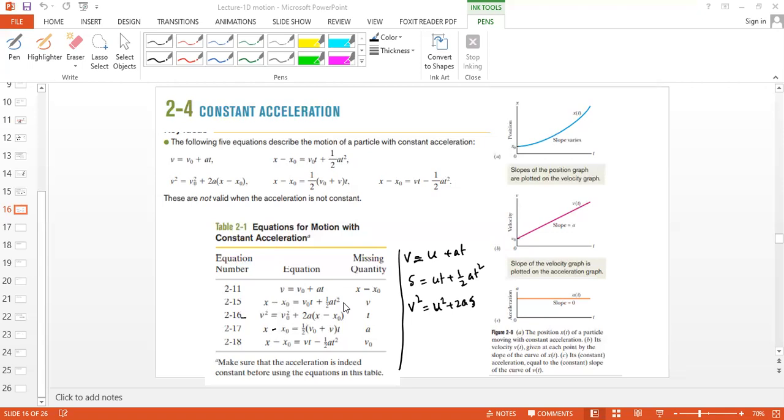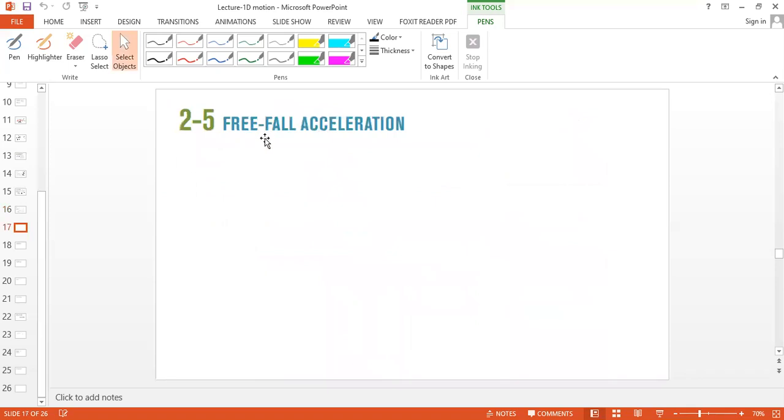If you let an object fall freely, let's say you have a ball in your hand and you just drop it, then the object will fall downwards at a constant acceleration of 9.8 meters per second square. These kinds of objects are called free falling objects, and the acceleration is called free fall acceleration.